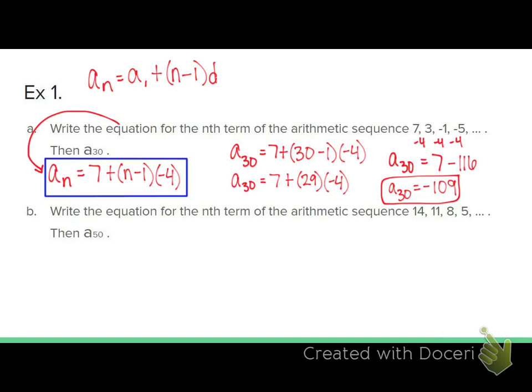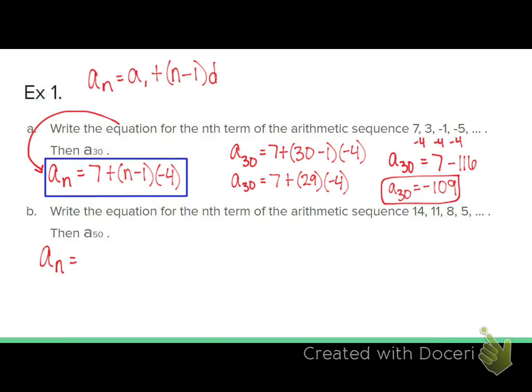All right, so on letter B, write the equation for the nth term of the sequence, then find a sub 50. So let's work on our equation. How is our equation always going to start off? A sub n equals. We need a sub 1, or the first term.